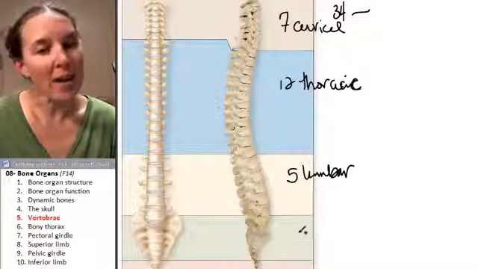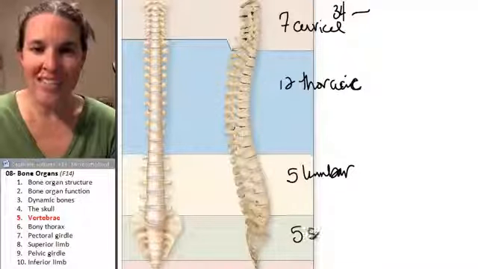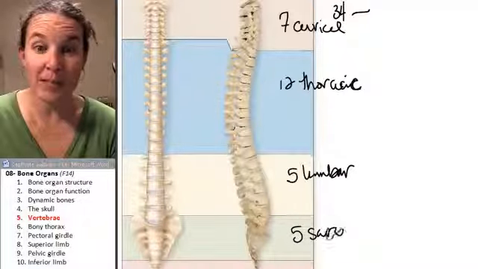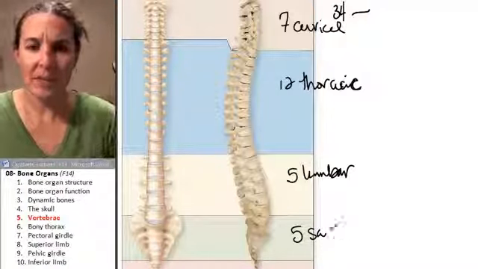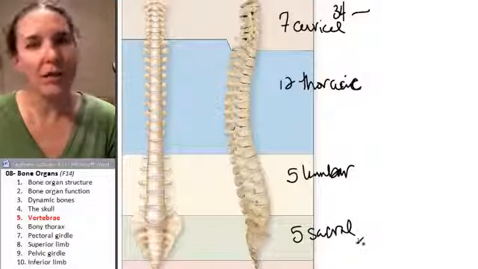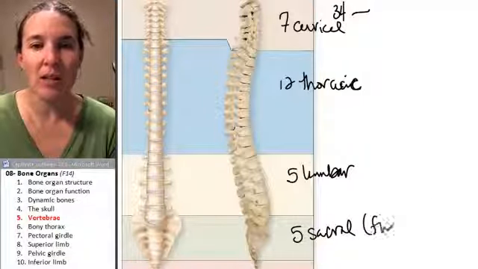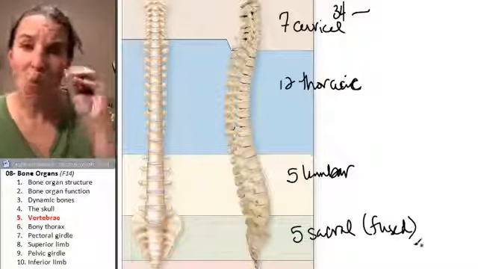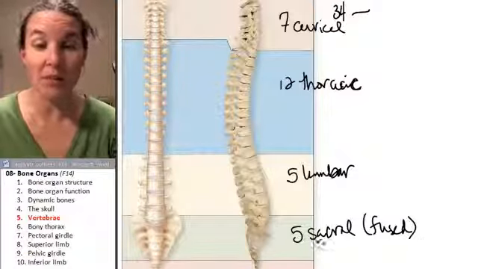You have 5 sacral, seriously? Sacral, yes, vertebra. These guys are fused. So you're going to see one thing that is the sacrum. I've got a sacrum around here somewhere.